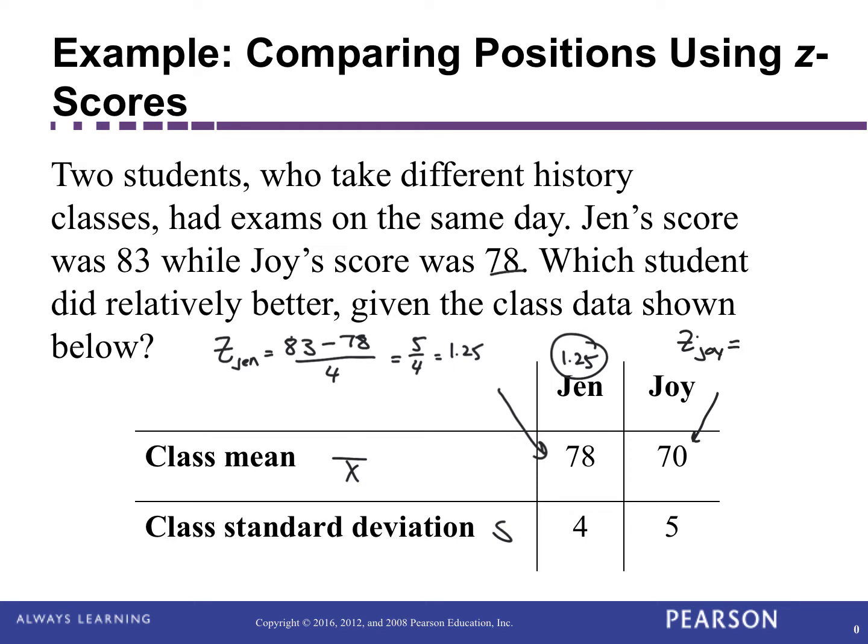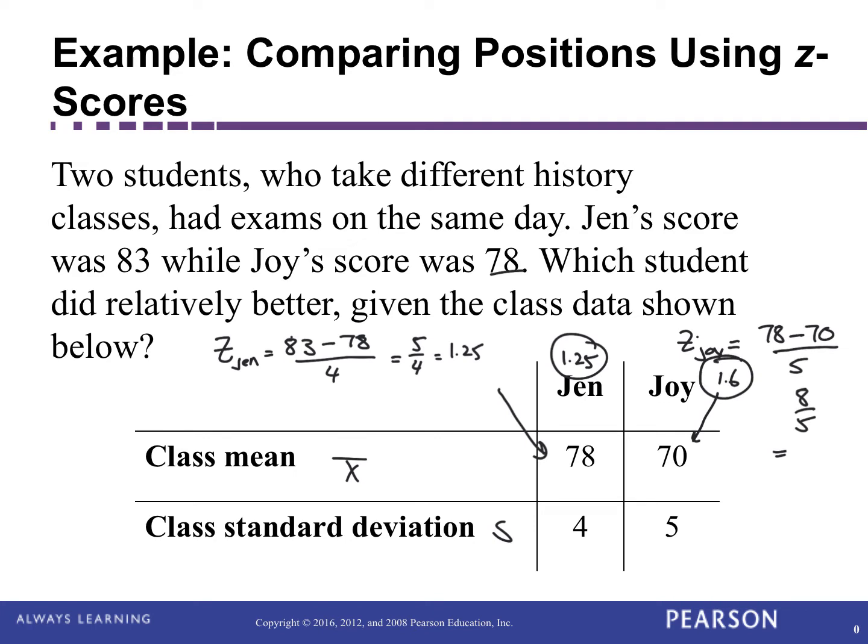She got a 78, so it appears she did worse, but the class mean was a 70, and dividing that by a standard deviation of 5, that's 8 divided by 5, which is a z-score of 1.6.